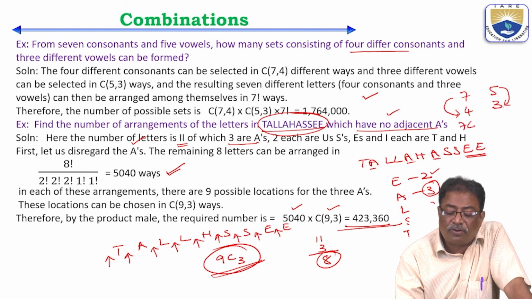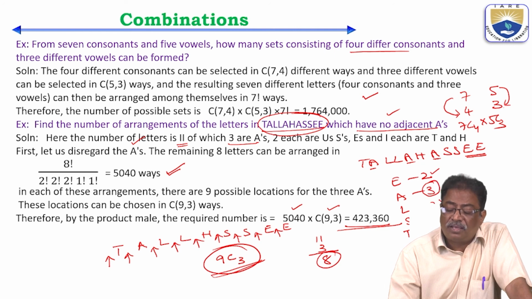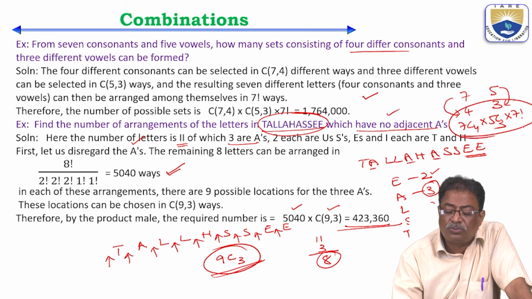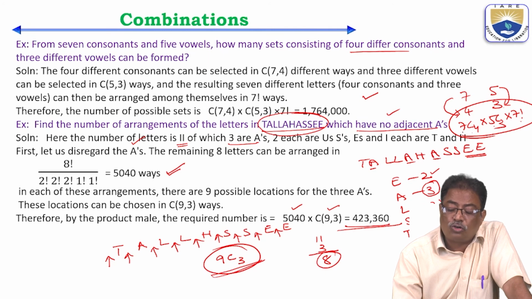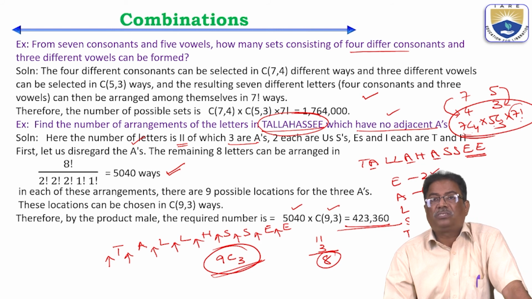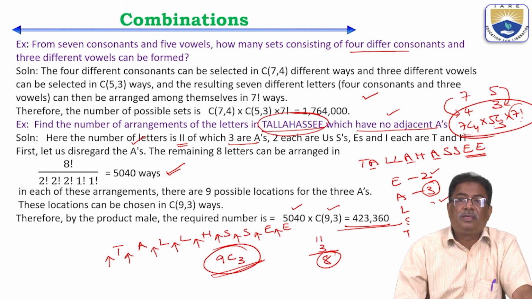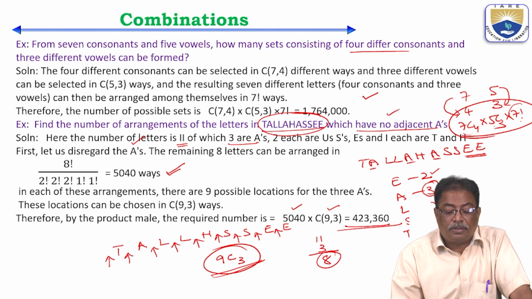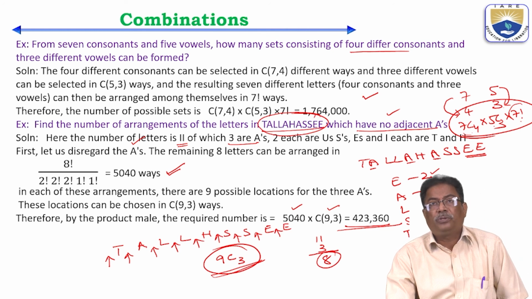That means for each group, among these 7 letters, there are 7 factorial ways I can accommodate them. So there are 3 tasks, 1, 2, 3, and for each group 7 factorial will be there. So these are the combinations I am going to get, multiplied with each other. Subsequently, we can get 17,64,000.